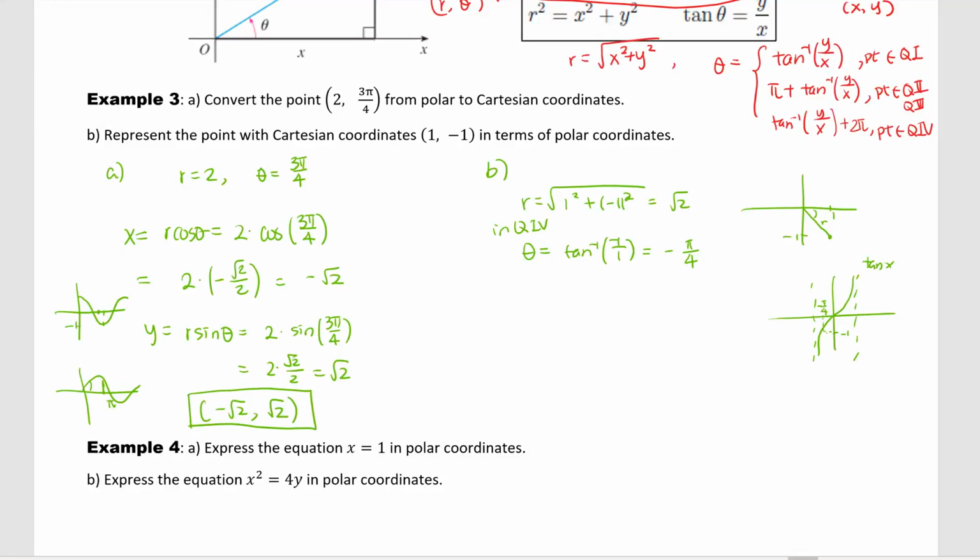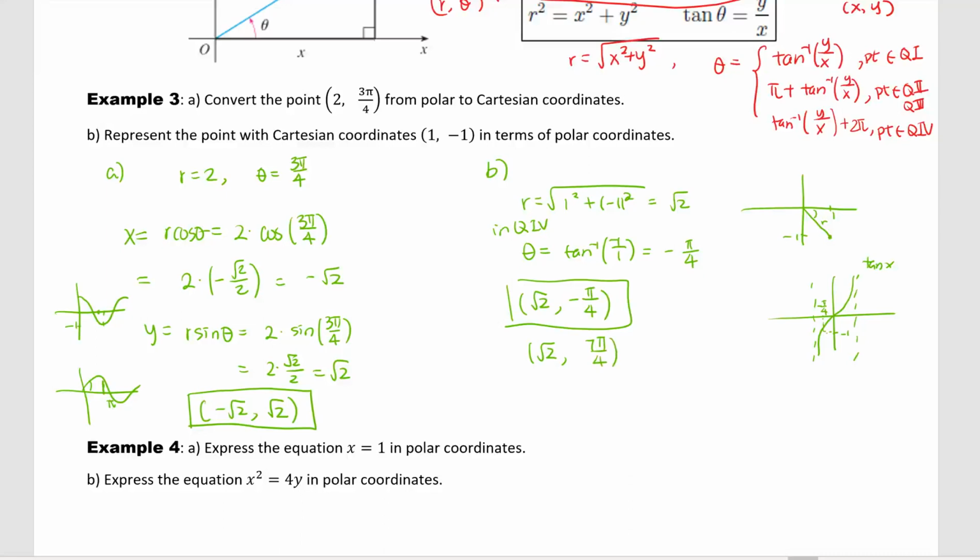So one of the polar coordinate representations would be square root of 2 and negative pi over 4. Of course, you can think about other representations. You can add 2 pi to the angle, so 2 pi minus pi over 4 is 7 pi over 4.